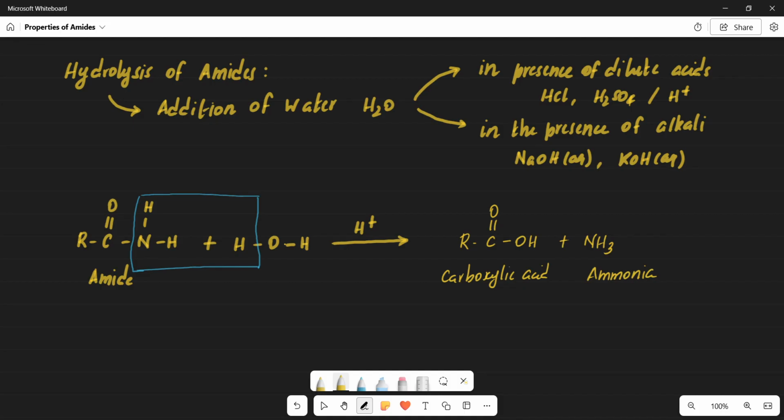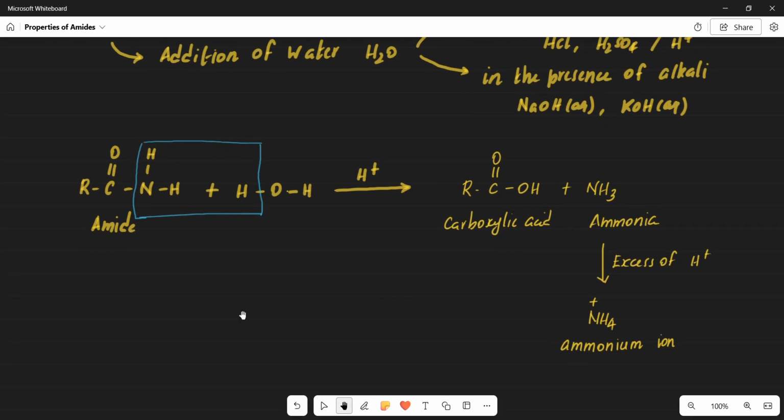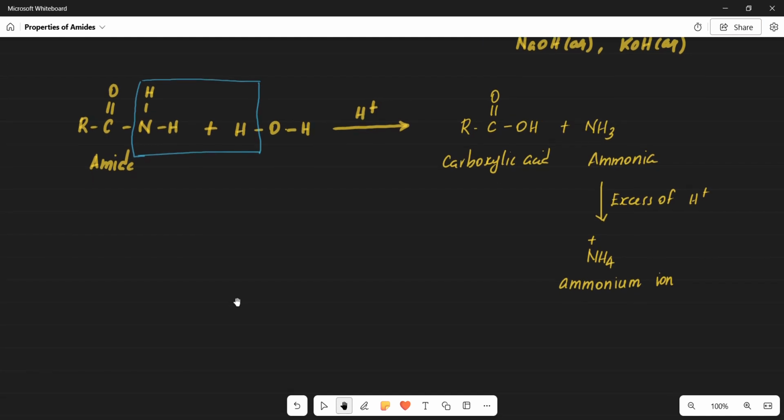Basically ammonia is a base, so with excess of H+, it becomes NH4+, that is ammonium ion. It accepts the proton. So this is how hydrolysis happens in presence of acid.